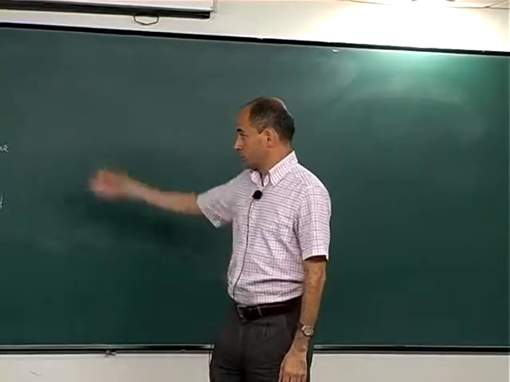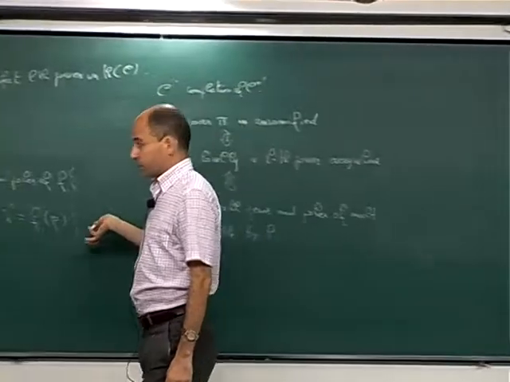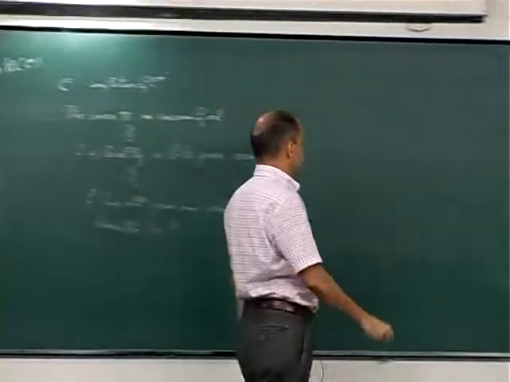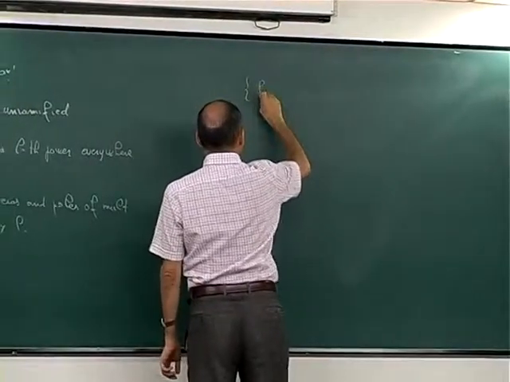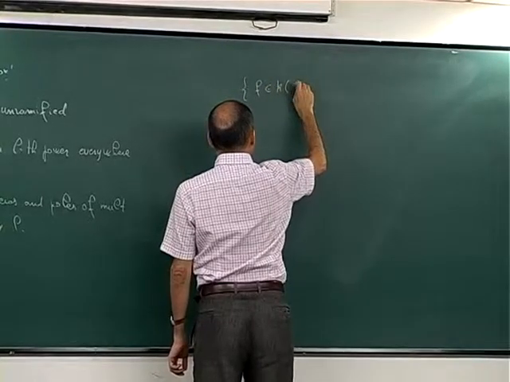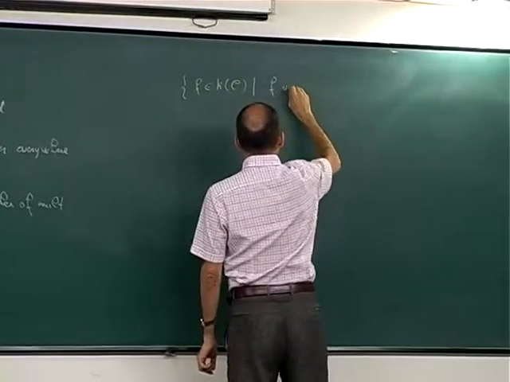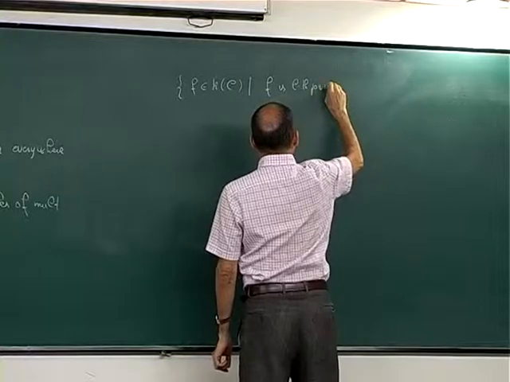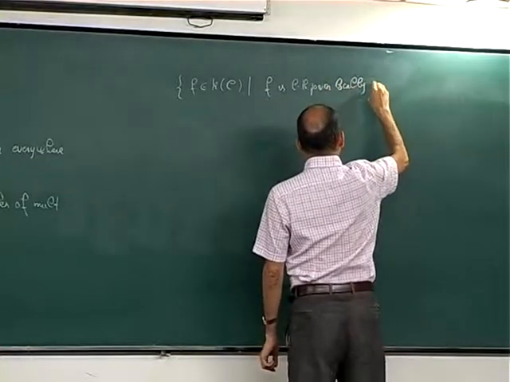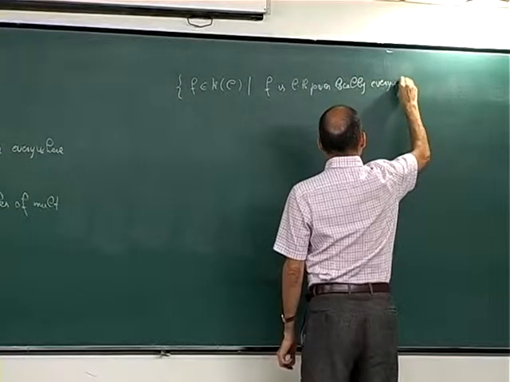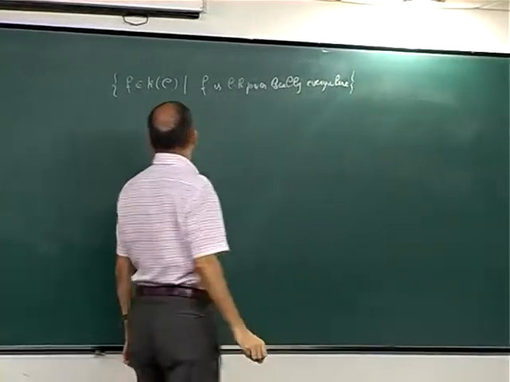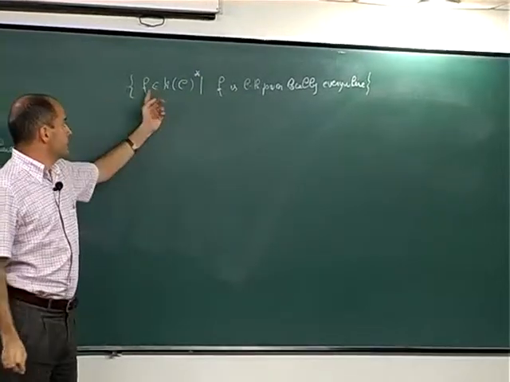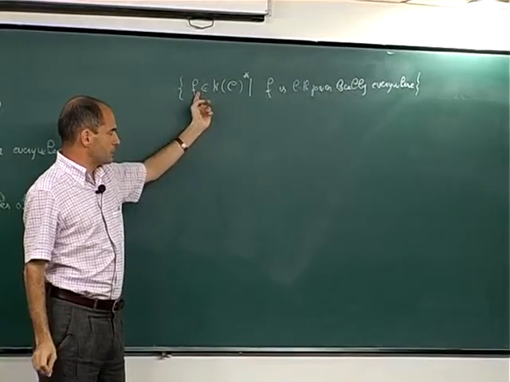So one can in this way classify the unramified cyclic covers of degree L by considering the set of rational functions f such that f is locally an L-th power everywhere. Consider not identically zero functions.